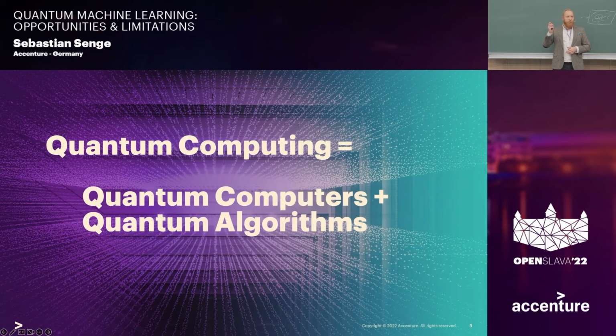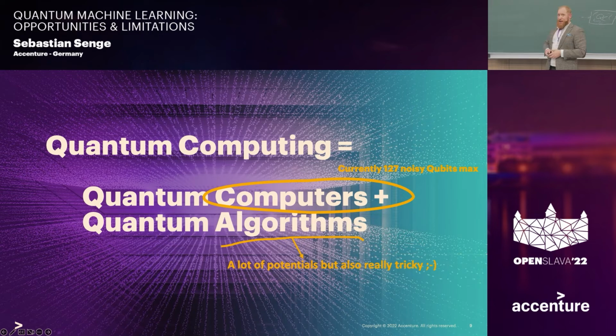So what we've learned so far: we understood that quantum computing is basically the combination of quantum computers and quantum algorithms. So the question is, where are we exactly now, right? The largest quantum computer that is currently publicly available is one of these IBM machines, and they have 127 qubits, which doesn't sound like a lot, and unfortunately that is right.